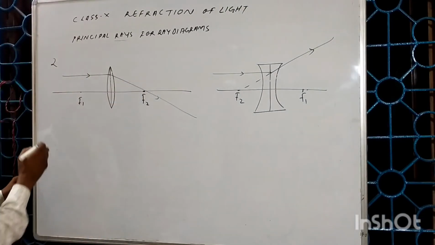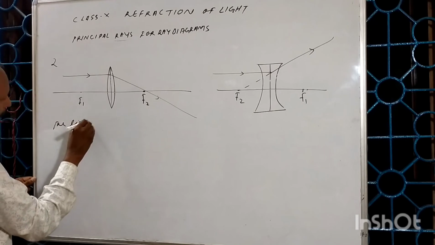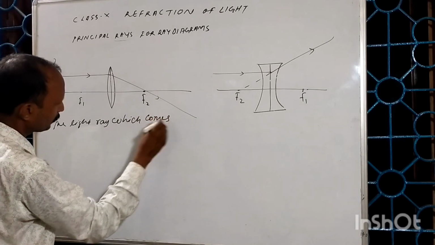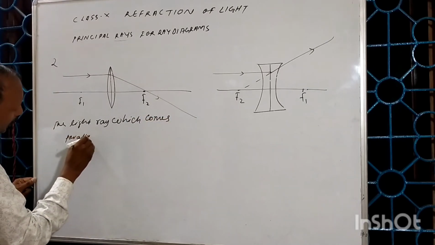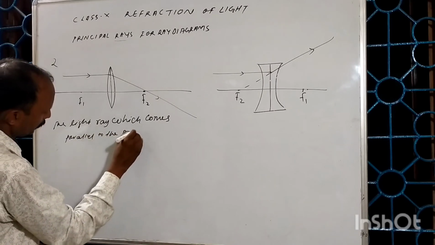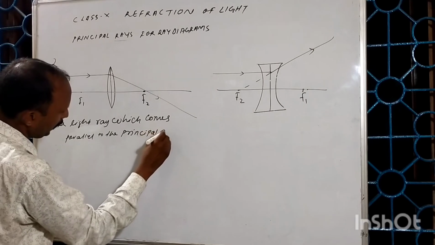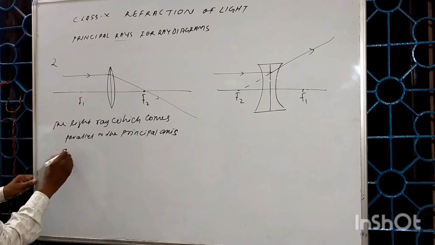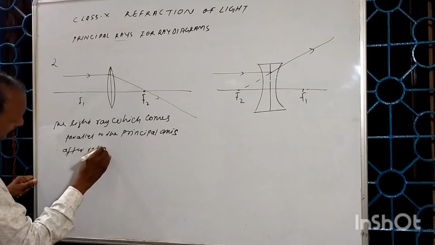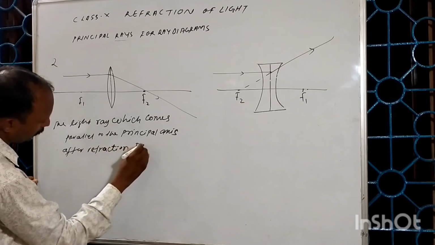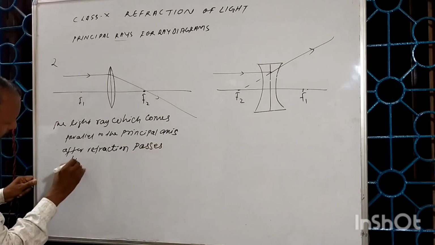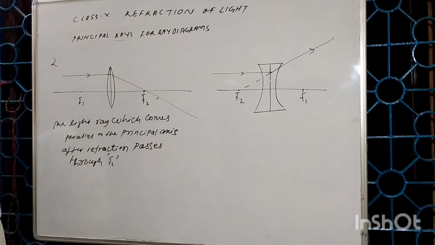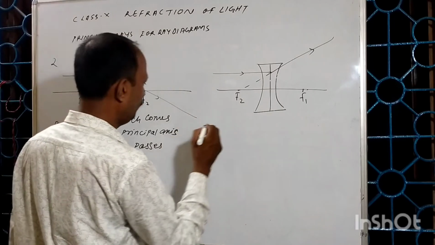So I can say that in this case the light ray which comes parallel to the principal axis, after refraction, passes through F2, through this focus.